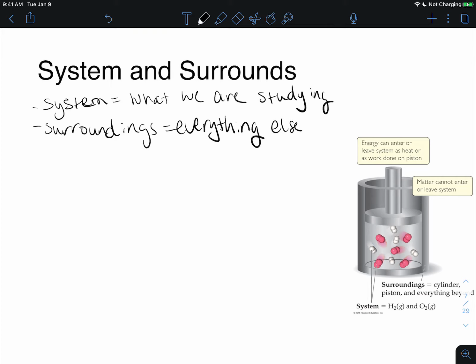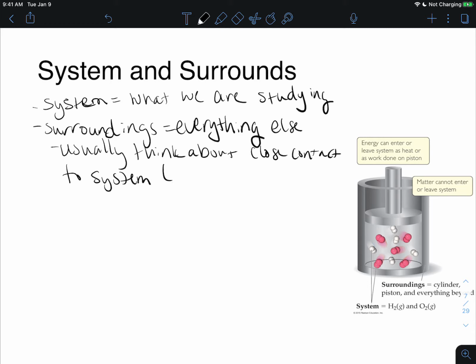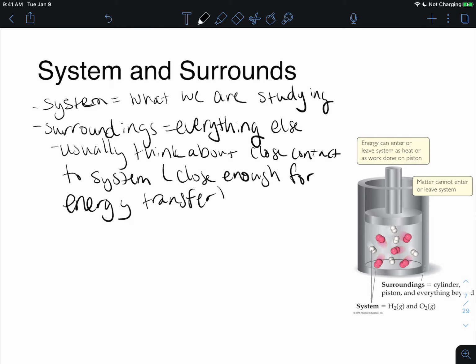Okay. So our system is what we're studying, and the surroundings we think about as everything else, but usually we think about the things that are in close contact with the system, close enough for energy transfer to occur. So energy in terms of heat or work.